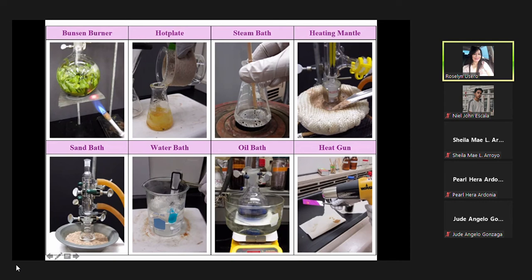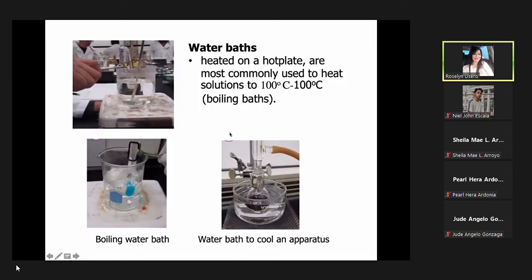Next, heat gun. Water baths heated on a hot plate are most commonly used to heat solutions to 100 degrees Celsius only.